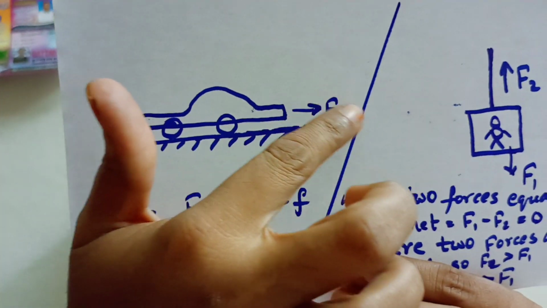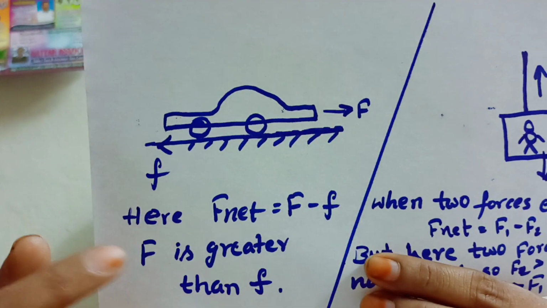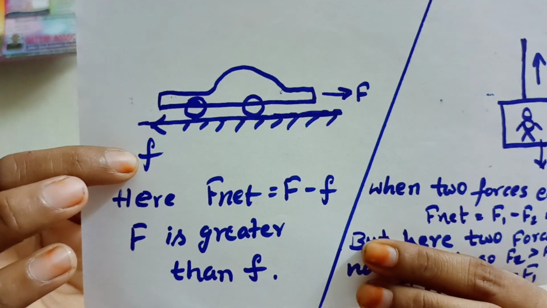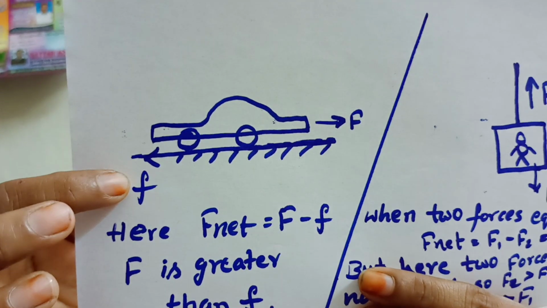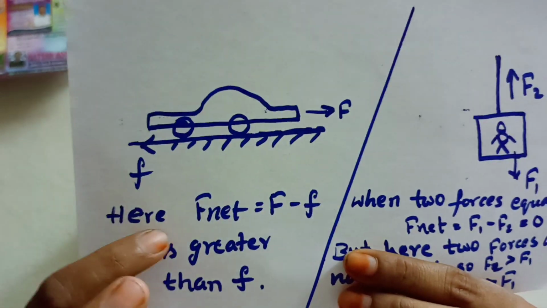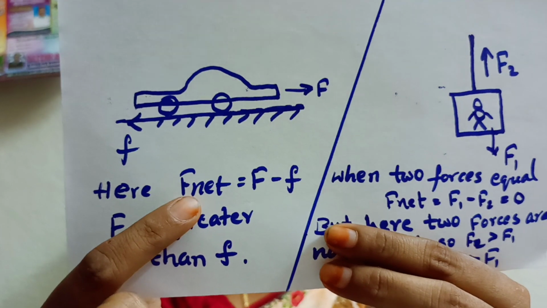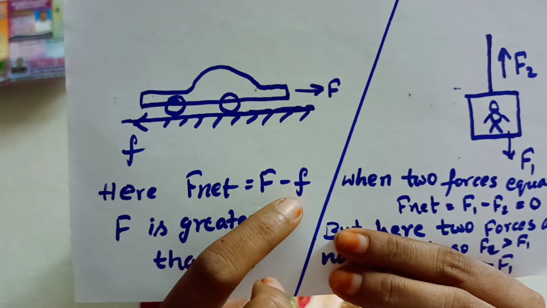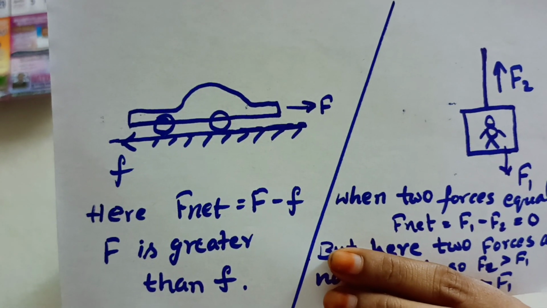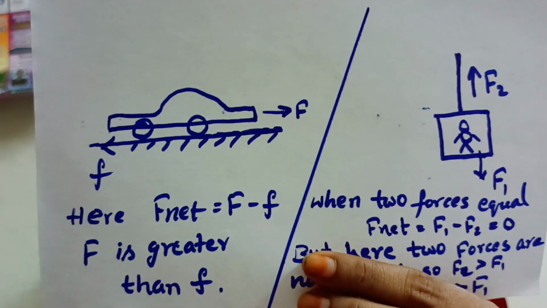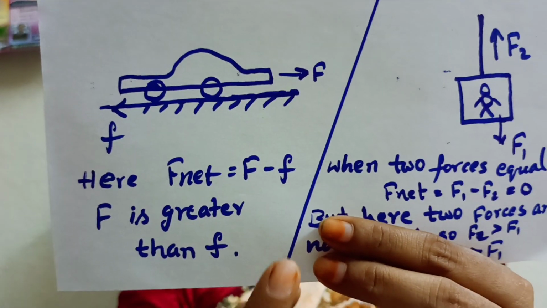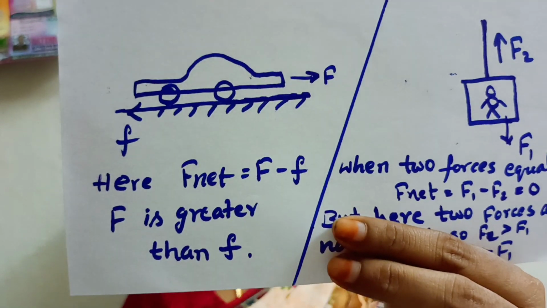They are the applied force, capital F, and friction, small f. So the car's net force is equal to capital F minus small f. Why don't we write F plus f? Because they are not in the same direction.